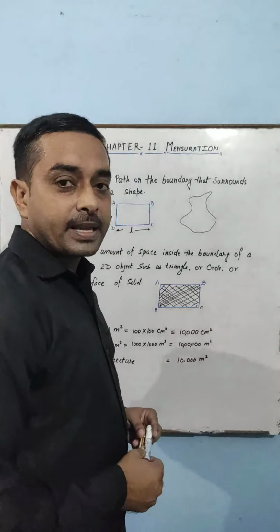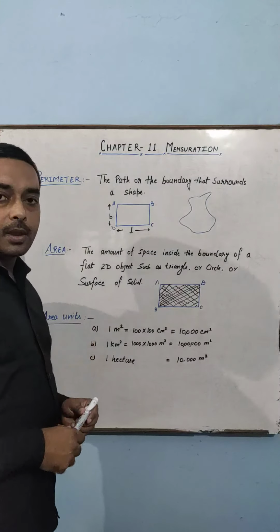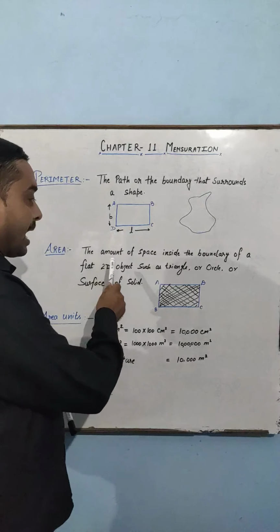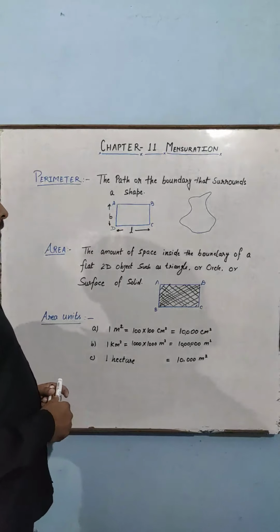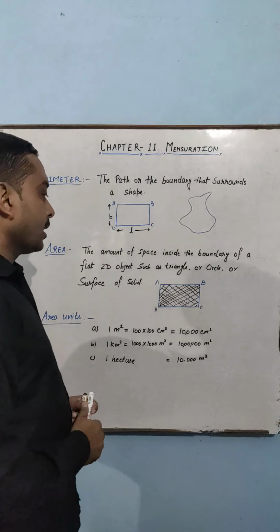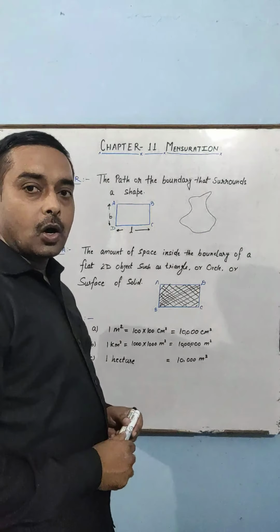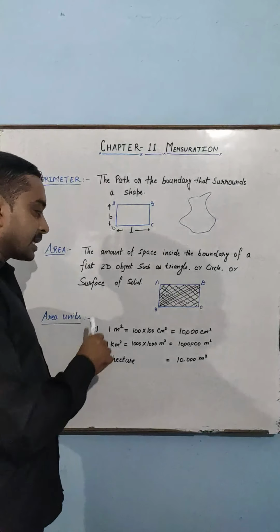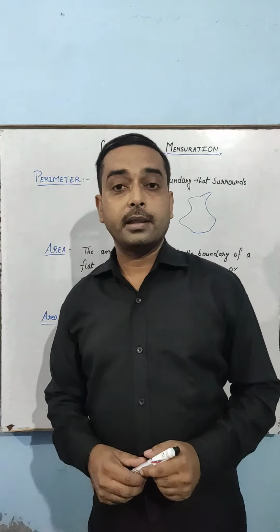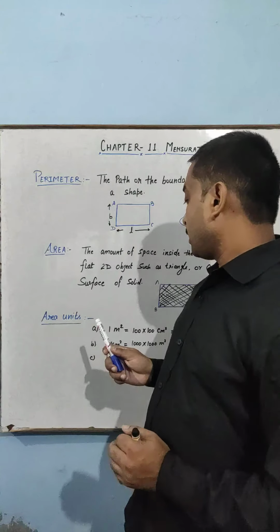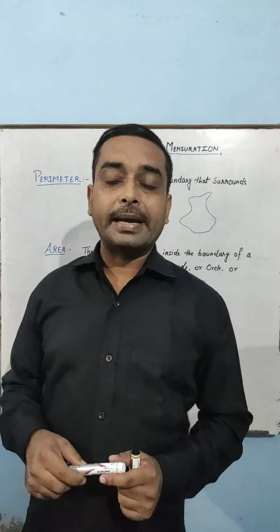Okay, the next topic is area. What's the area? The amount of space inside the boundary of a flat 2D object such as triangle or circle or surface of solid. That's area. You know that the area is the total covered part by the objects.